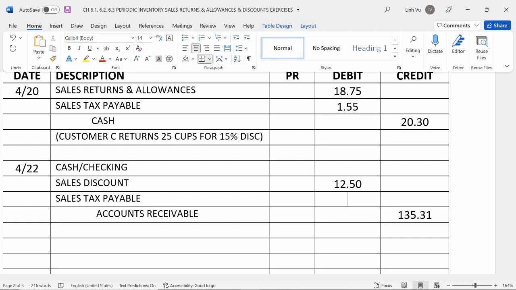That would be the easiest way to solve for it. Is that $1.03? That's what I got too, right?